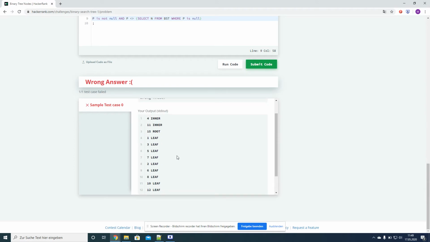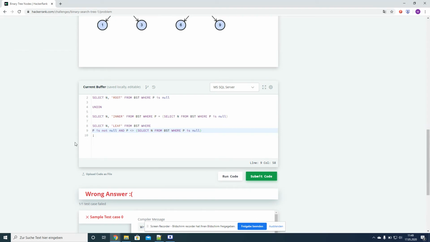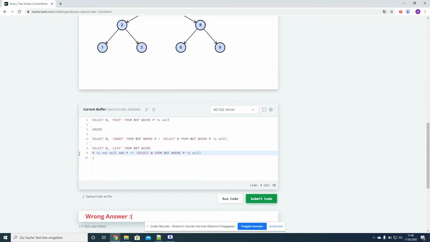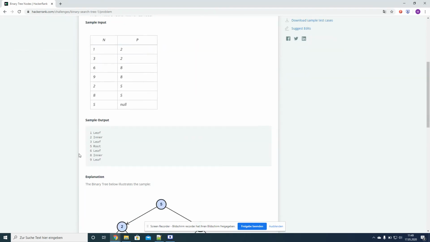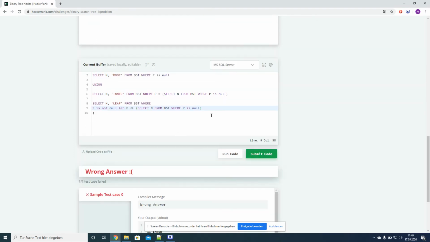Except one thing is missing. It's not ordered. So we should order by n value. We have it here. So let's do this here. Order by n, and we want ascending.